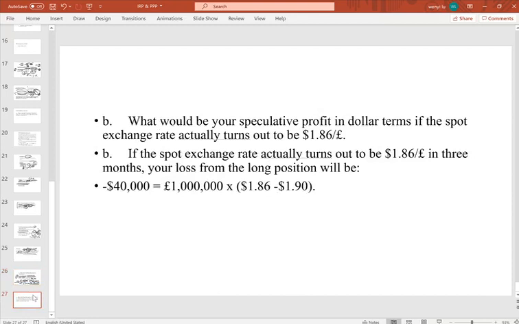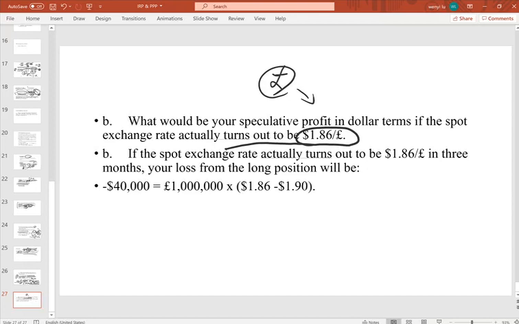However, if unluckily the rate turned to be $1.86 per pound. So you believe the pound will be more expensive than the market rate in the future. However, the pound moves to the opposite, even less valuable than the rate on the market.